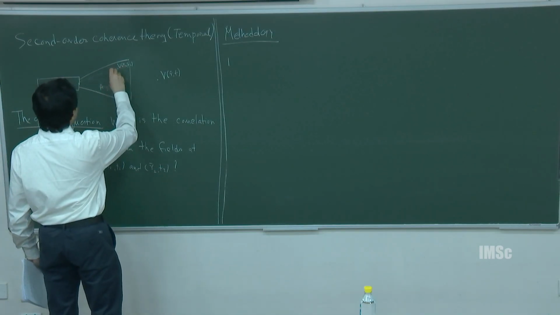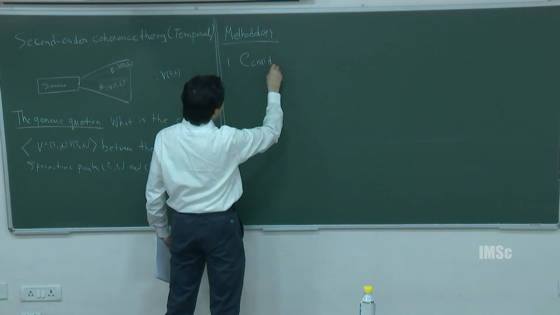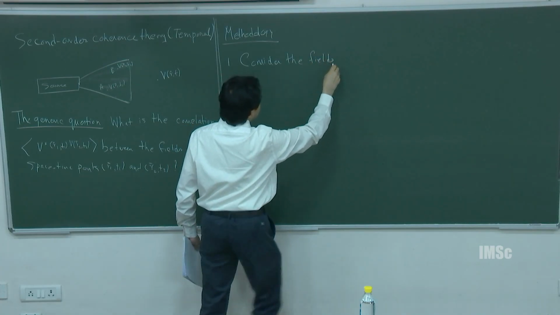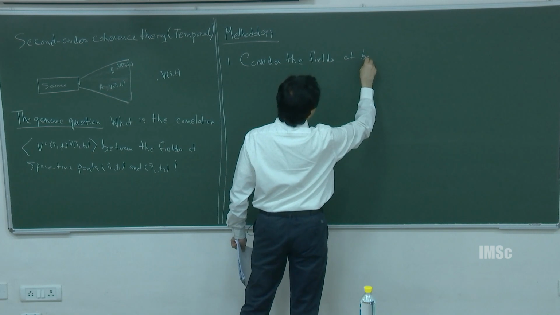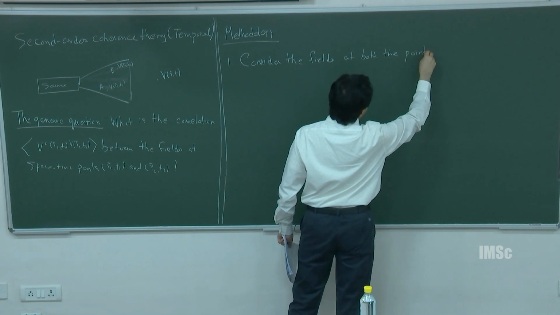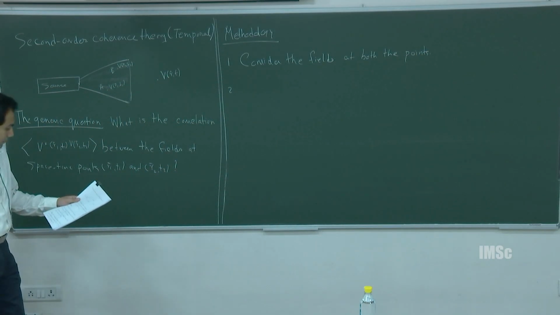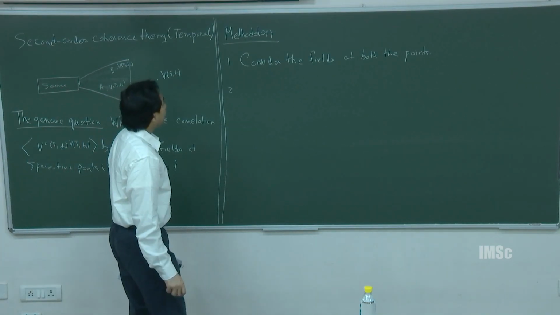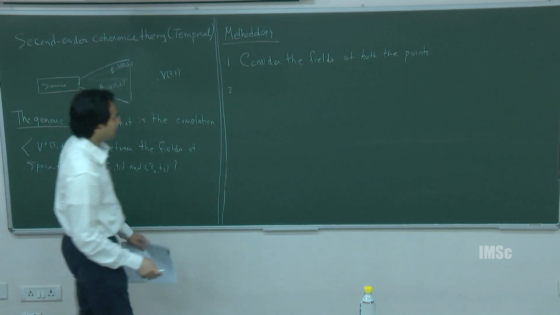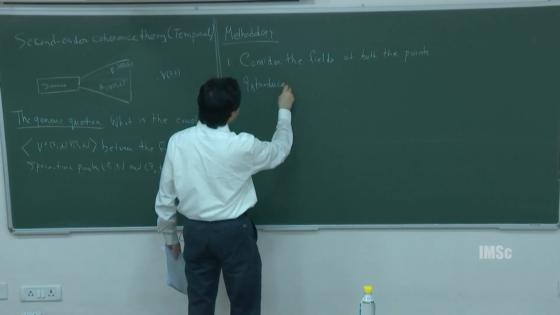Let us call this point A, point B. Second, we need to introduce a phase shift, a phase difference between the 2 fields. Why do we want to introduce this phase difference? We need this phase difference to observe interference.